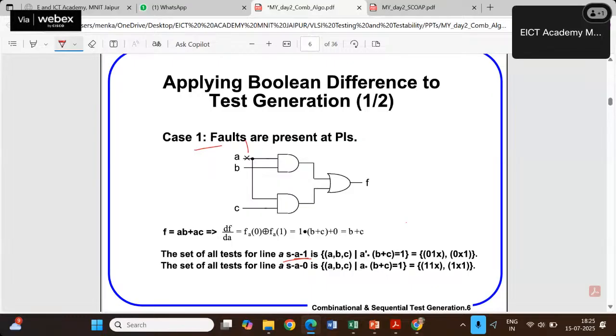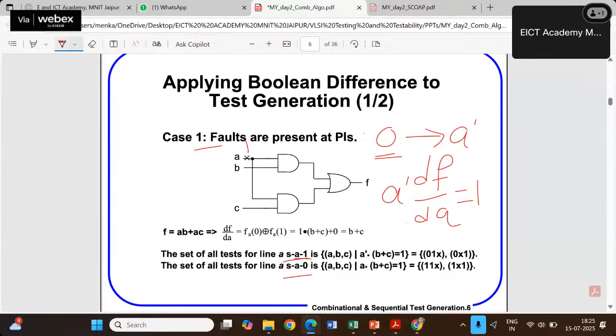Or 0 in case of min terms implies the complement value. So if the fault was at A, 0 means it is A dash. So I'm going to apply A dash df upon dA is equal to 1. So this test set of input test vectors is my test for the stuck at 1 fault.